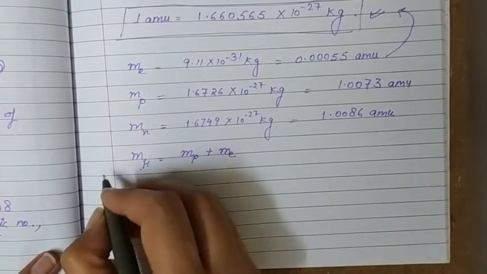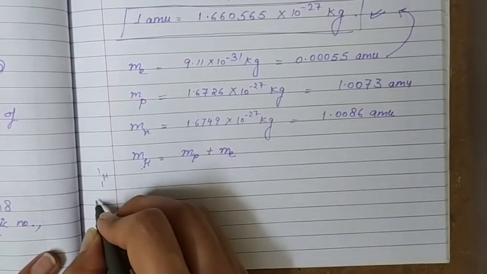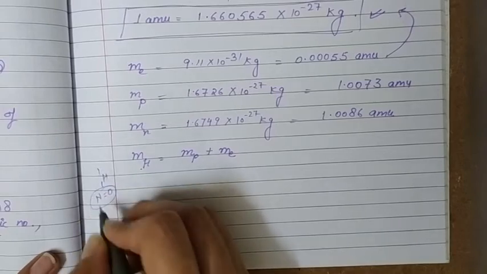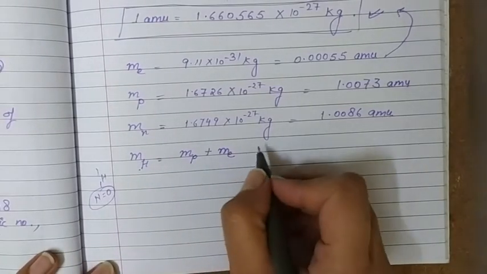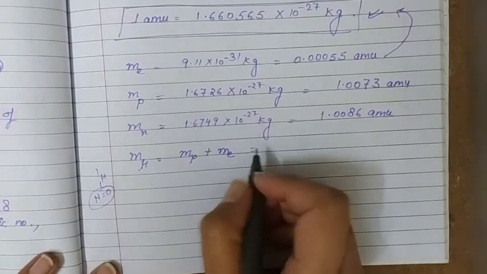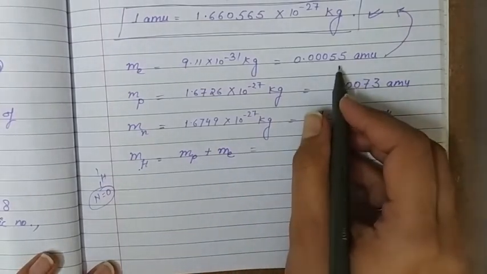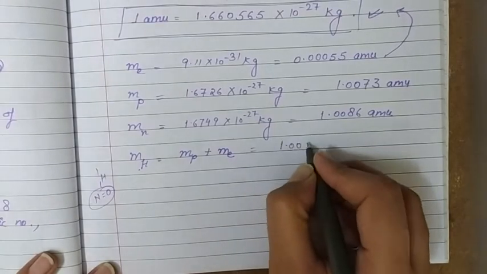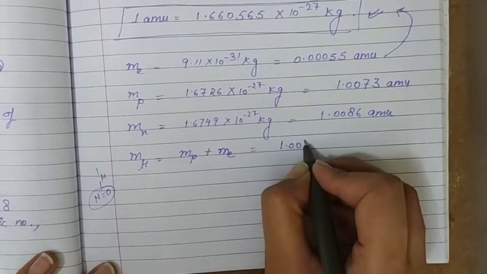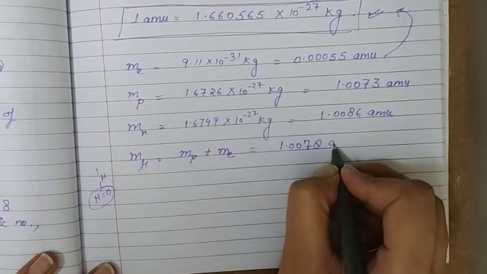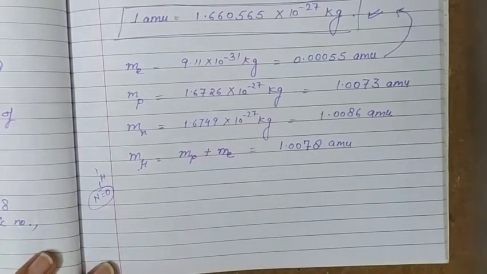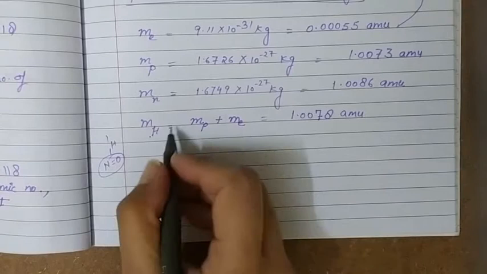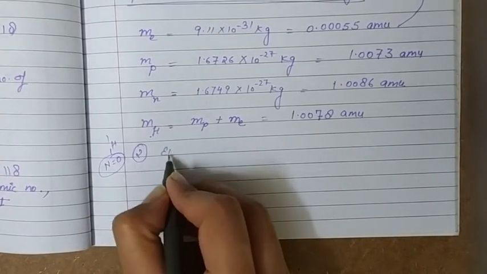If it is 1H1, then the number of neutrons for it is 0. There is no neutron, so it has 1 proton, 1 electron. That's why by adding these two, we get the mass of hydrogen atom, which is equal to 1.0078 AMU.